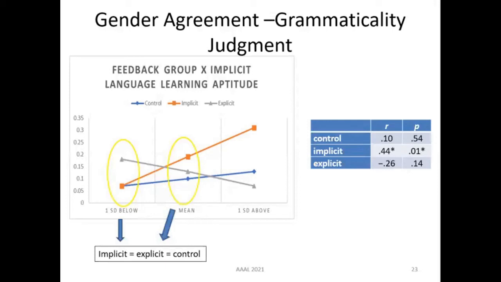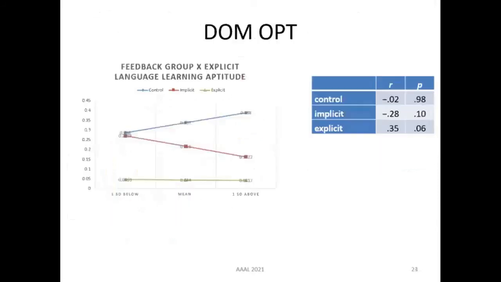At 1 standard deviation above the mean of implicit learning ability, the implicit feedback group performed significantly better than both the explicit feedback and the control group, but there was no significant difference between the explicit feedback and the control group.